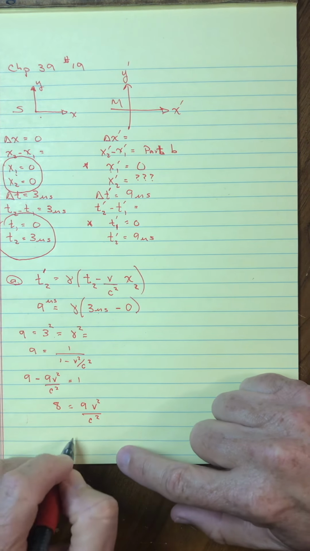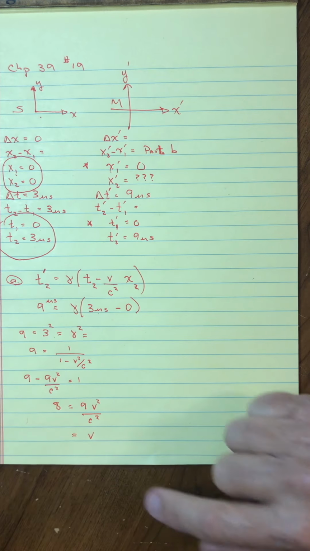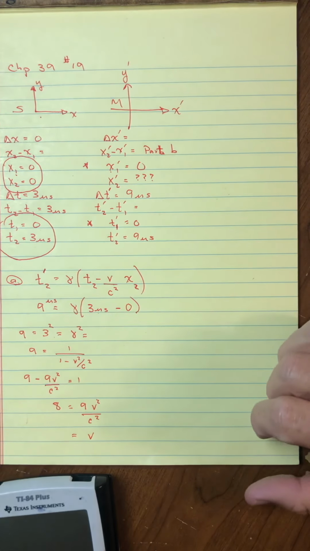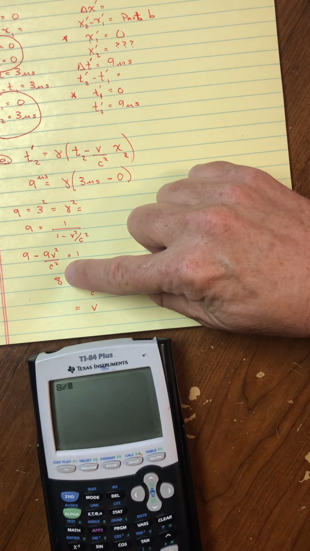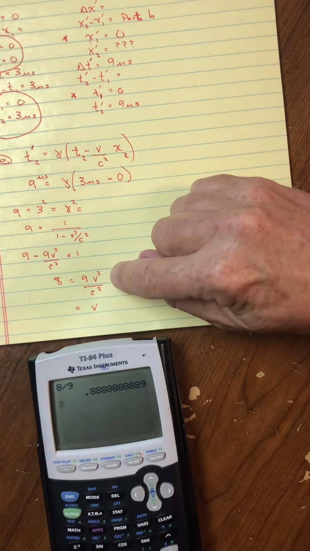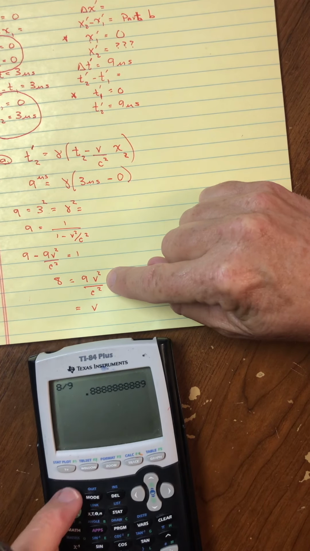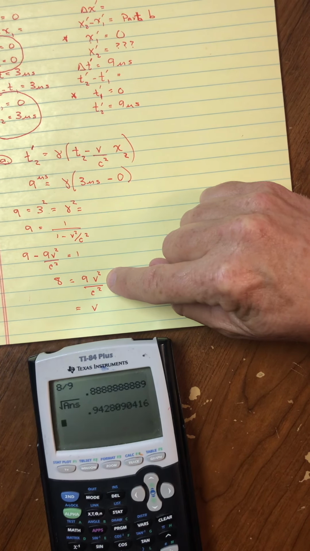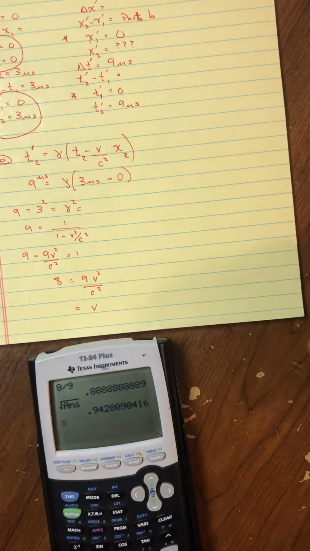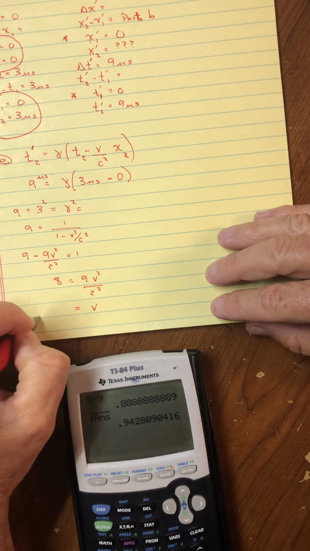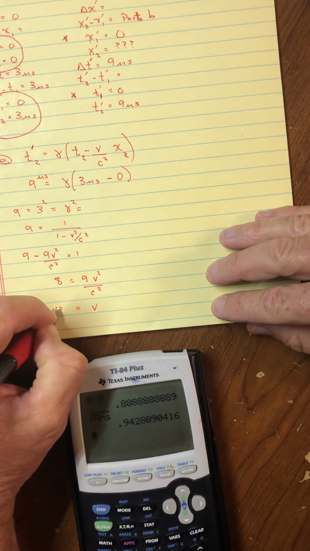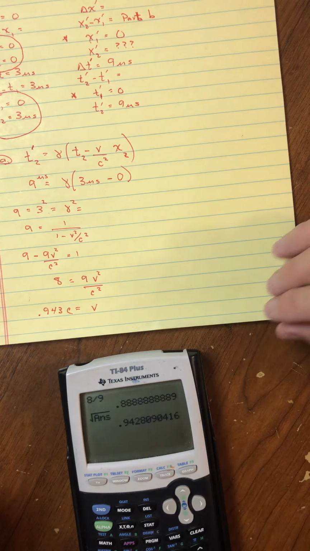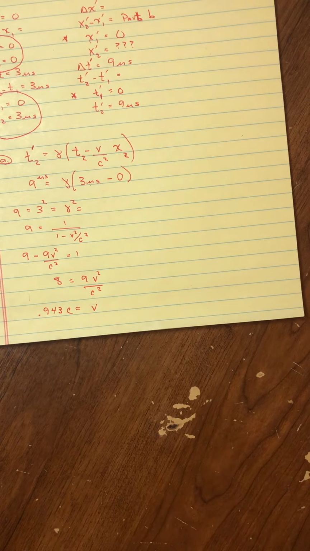And so running through the math here now, I would have this 8 divided by 9, and then taking the square root of that is v over c, and then moving the c over gives me 0.943c. So there is the speed.